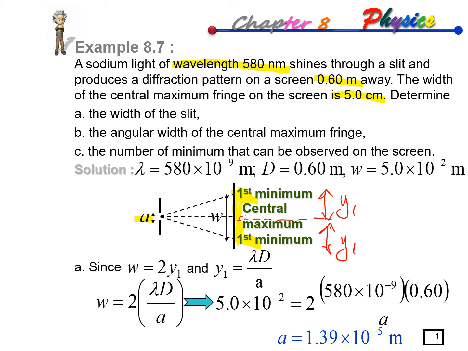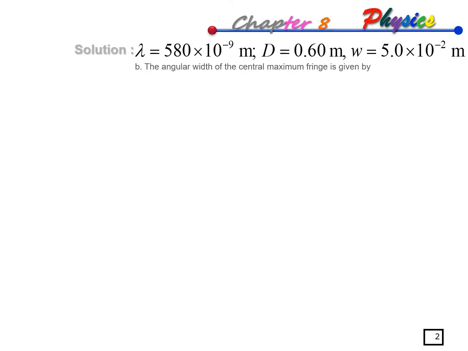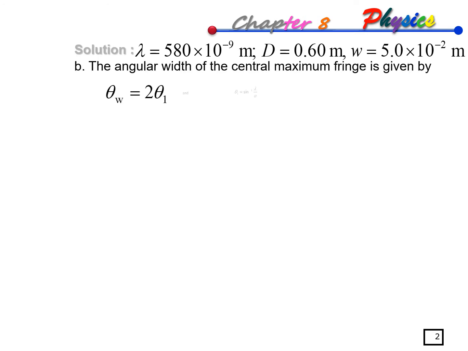Now to determine the angle. For the angle, one method is that you already have the values of D and y, so we can calculate from there. Or you can apply the equation: width is equivalent to 2 times the value of theta, where theta is the ratio of lambda over a.